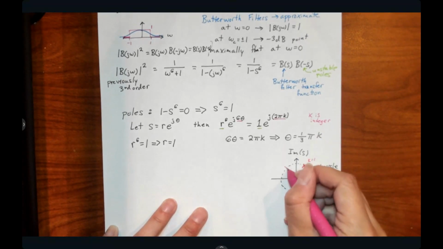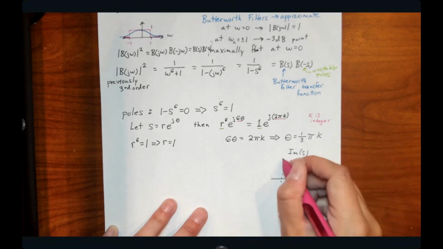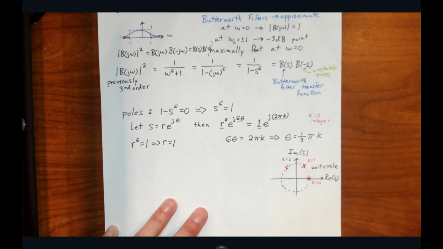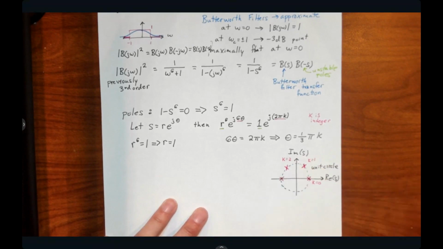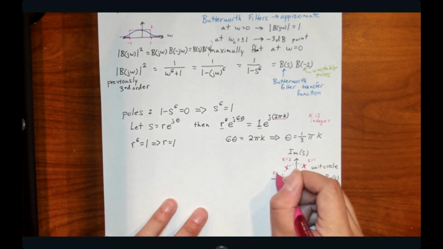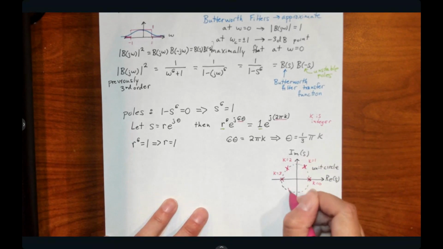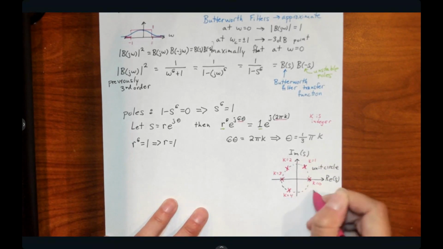And then k is 2, we increase by another pi over 3. When it's 3, then we have pi. And we keep increasing as we go around the circle.